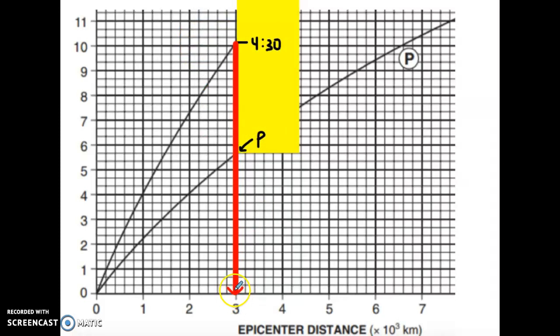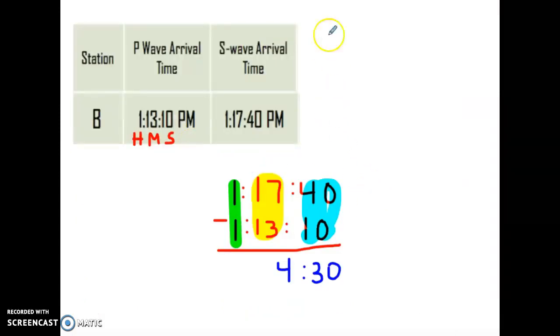We're looking at this number right here, and this one's nice and easy. It falls right on the 3, which, remember, is in thousands. So when we go back to our paper, our distance from the epicenter is going to be 3,000 kilometers. And that's how it's done.